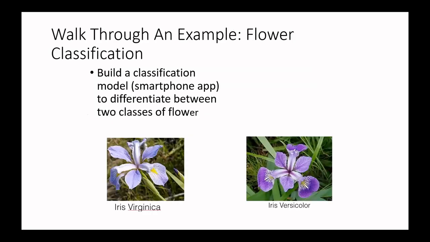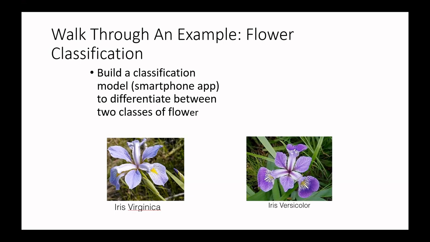Now we'll walk through a very simple example that should give you the complete picture of what is involved in building a classification model. We will build a classification model, and you can think of this model as a smartphone app that you want to build. The app has a very limited capability.